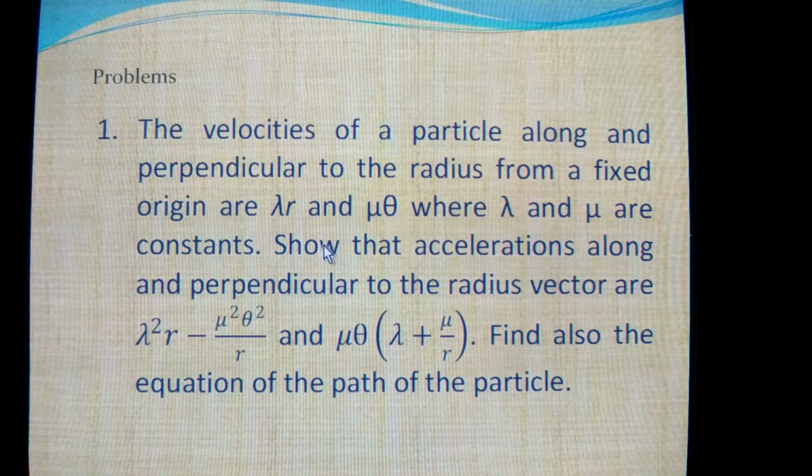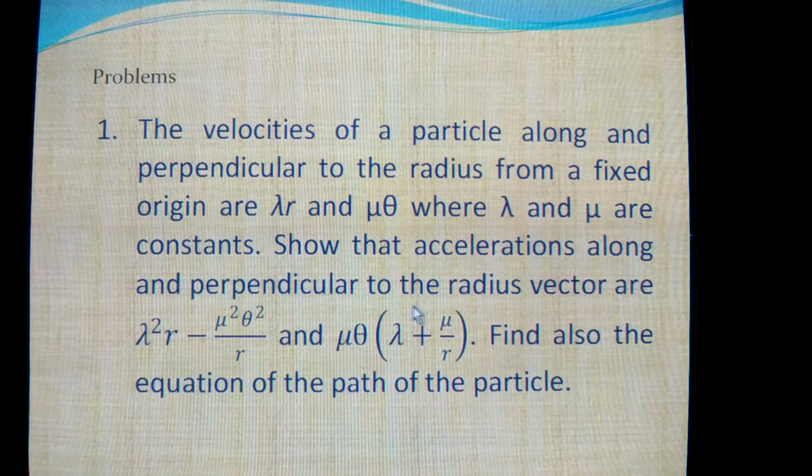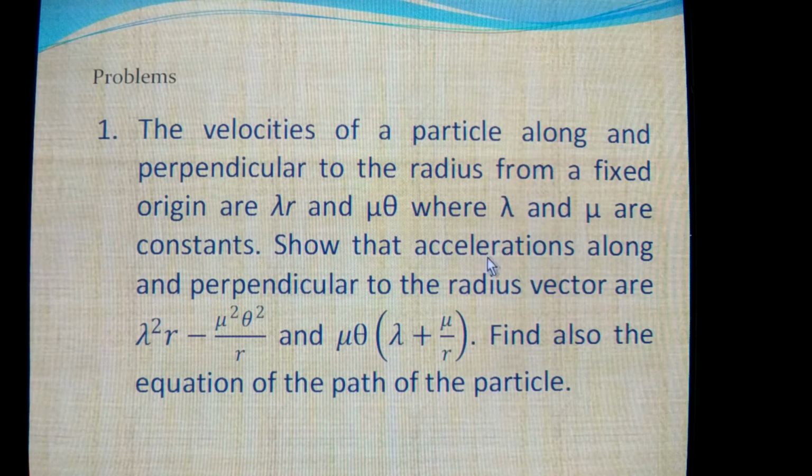We have to show accelerations along and perpendicular to the radius vector, which are radial acceleration and transverse acceleration. So we have to prove radial acceleration is equal to this term and transverse acceleration is equal to this term. It is also asked to find the equation of the path of the particle.